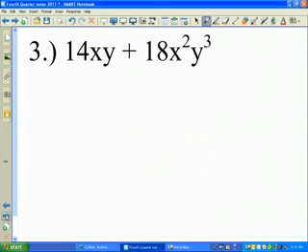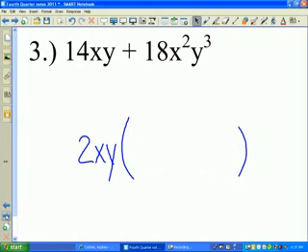Okay, so if you paused, what's my greatest common factor? With 14 and 18, they only have 2 in common. 14 has 1 x, 18 has 2 x's. How many x's in common? 1. The 14 has 1 y, the 18 has 3 y's. How many y's in common? 1 y.